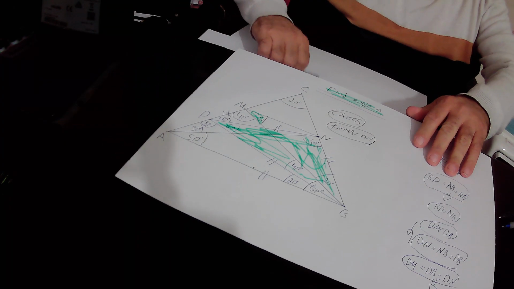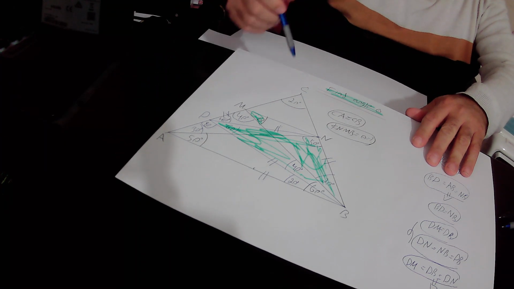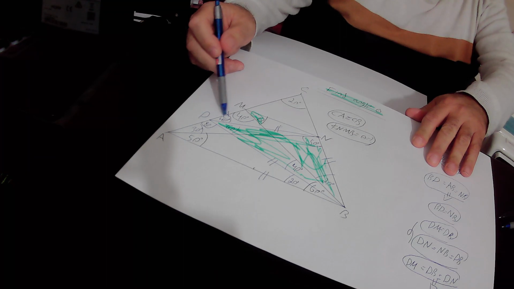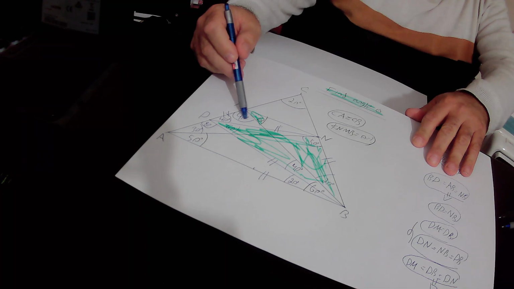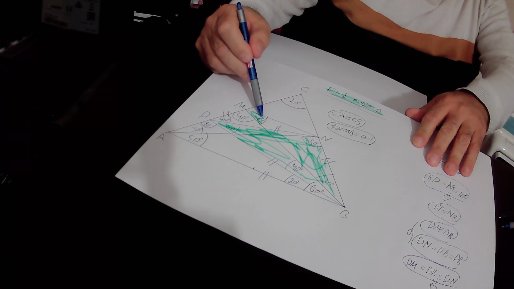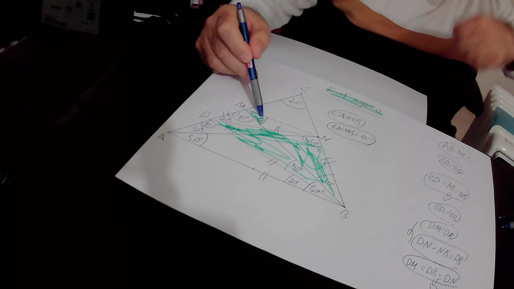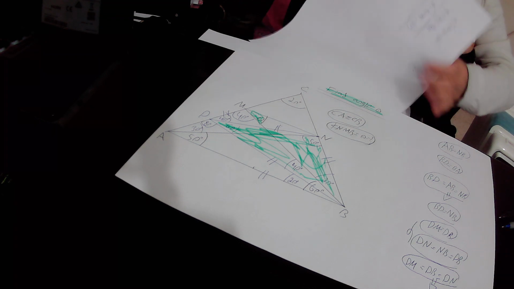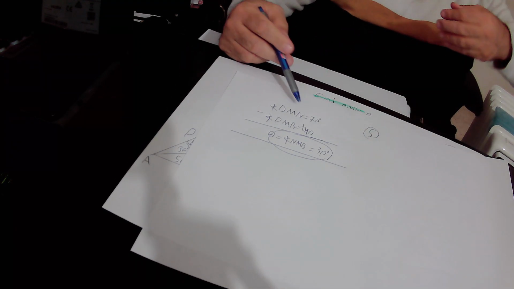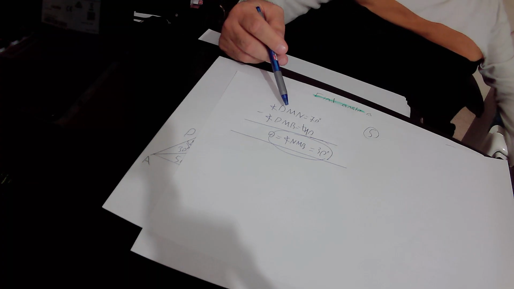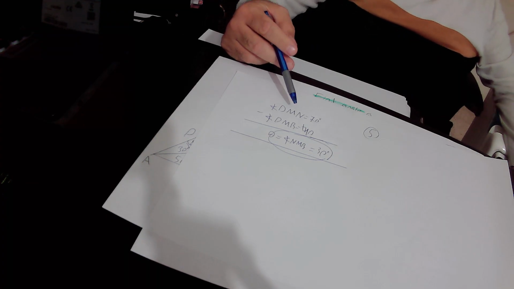that the big angle, this is angle DMN, minus the small angle, this is angle DMB, must be equal to the missing angle, that is angle theta, the angle that we are looking for. Repeat again, the big angle DMN that is equal to 70 degrees in size, minus the small angle DMB that is equal to 40 degrees in size.